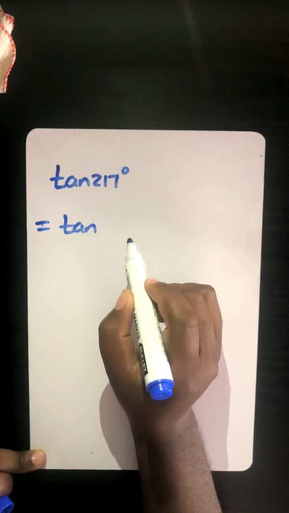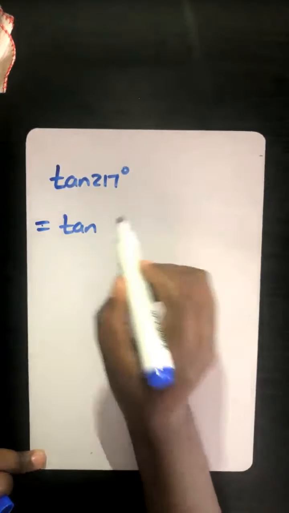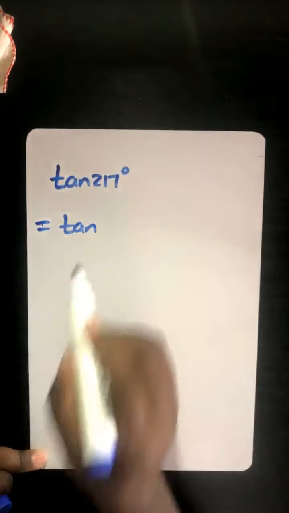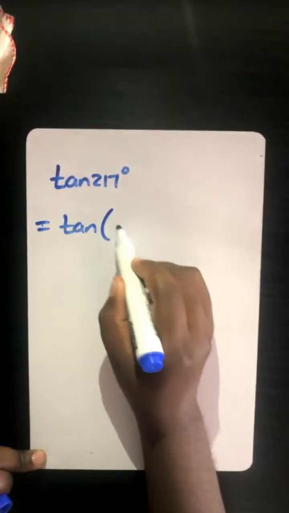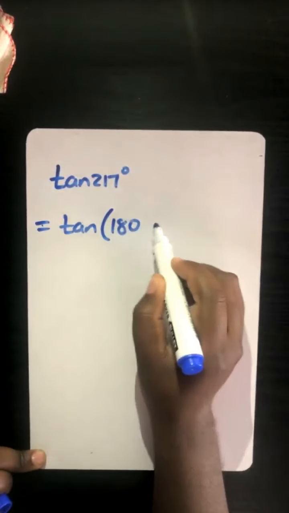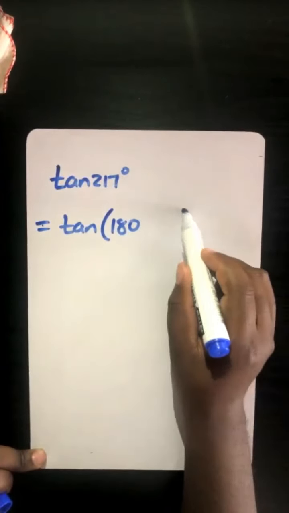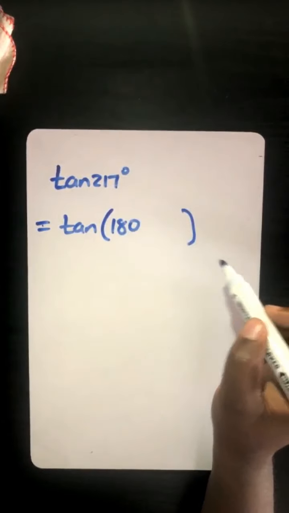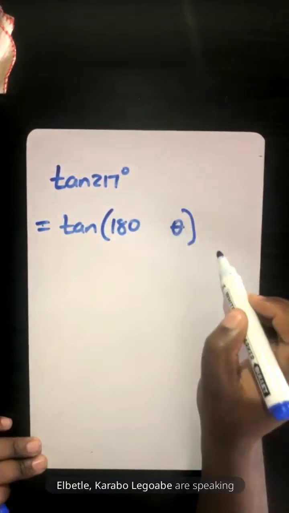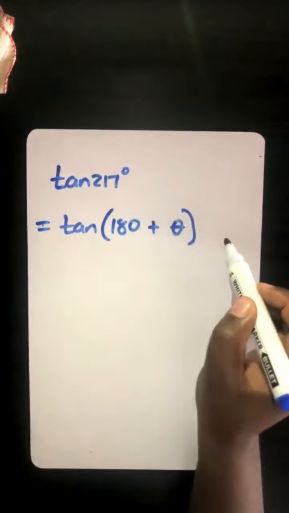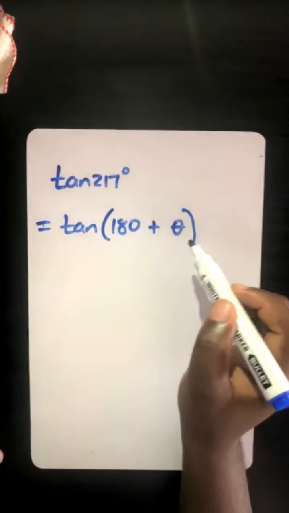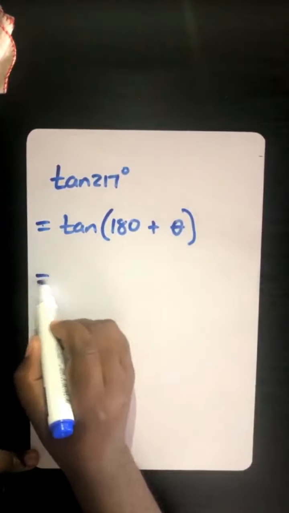Whoever got negative, you can just participate by only listening. So we said it's going to be 180. Is it going to be a plus or a minus? It's a plus. Remember, guys, I'm only communicating with LB and whoever got a negative.